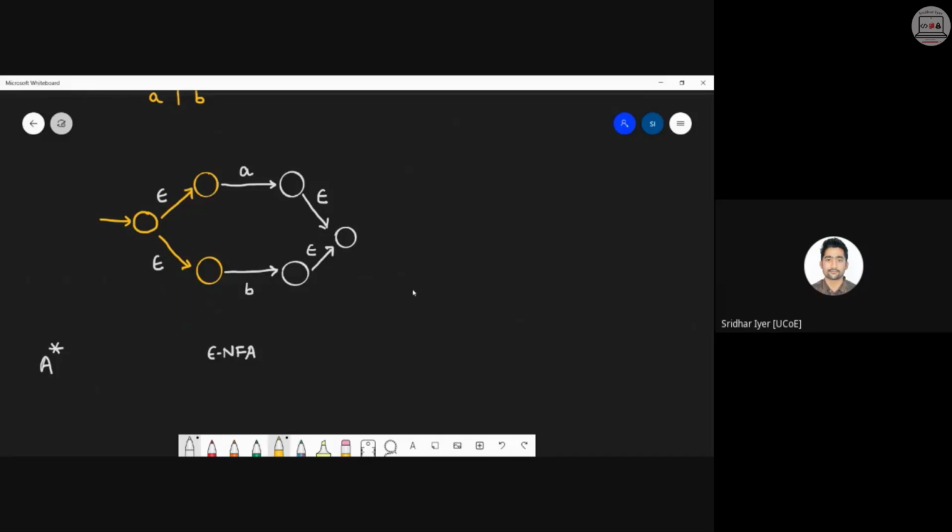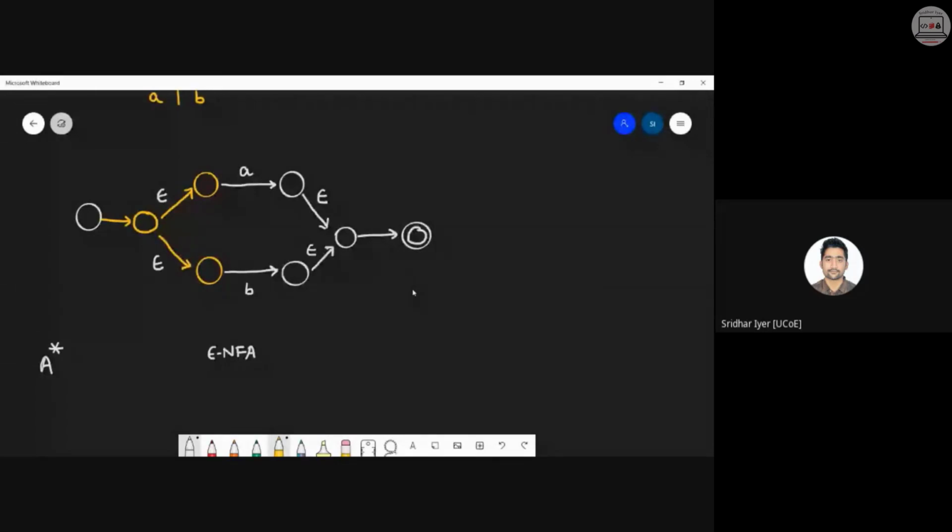Because whenever we are talking about a closure, it can also mean that the machine can come to a halt even accepting epsilon values as input. Correct? We have done this n number of times in the past also. So that is what I'm going to follow. You have to add one state at the beginning and one state at the end. And this particular state will be your final state.